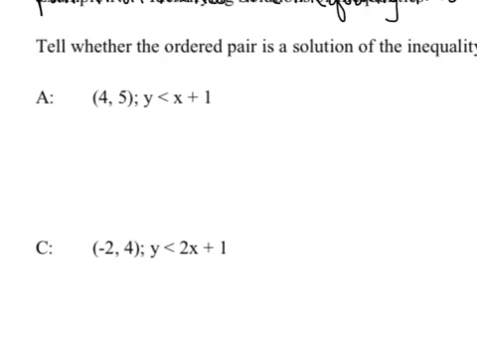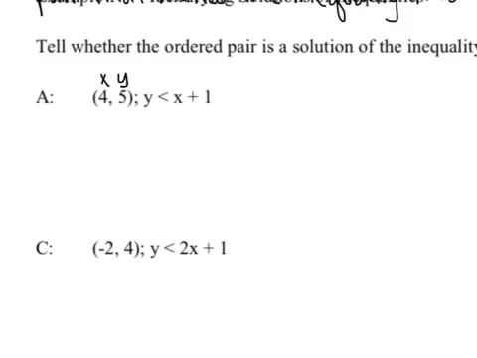Okay, let's try example 1. So example 1 asks us to tell whether the ordered pair is a solution of the inequality. So just like before when we had to figure out if it was the solution of an equation, we're just going to plug in x and y. Also remember that your ordered pairs are x, comma, y every time.